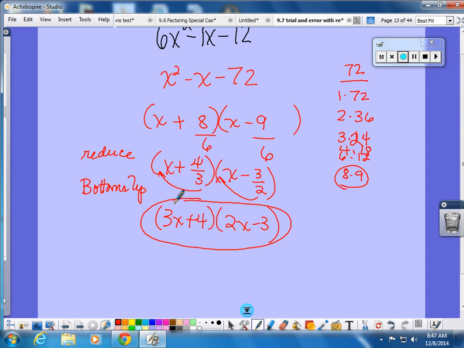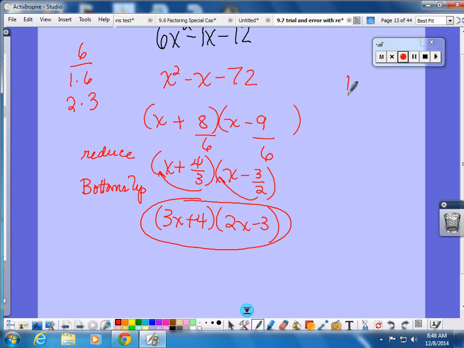This is a lot simpler than doing this. And forgive me, I said I wasn't going to do it, but I'll do it anyway. And this is a 12 on this side.